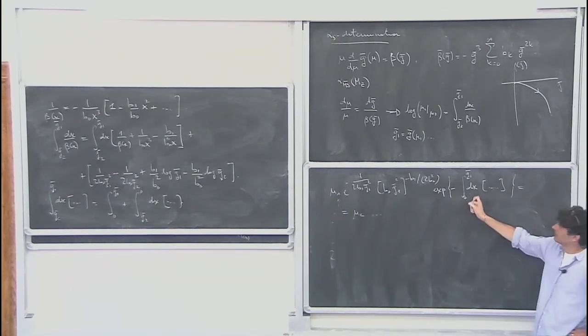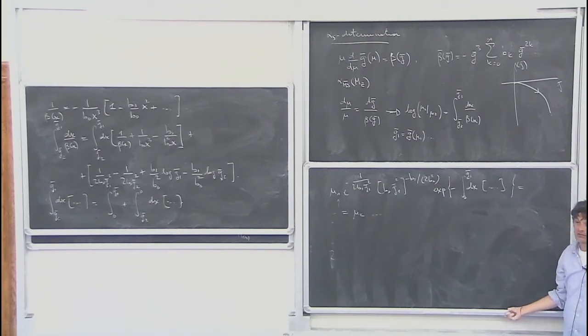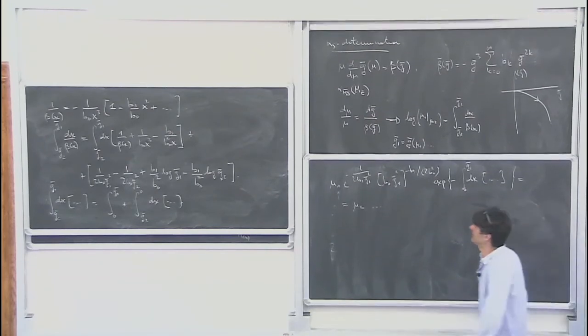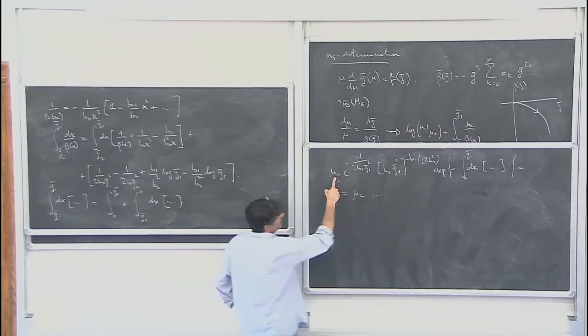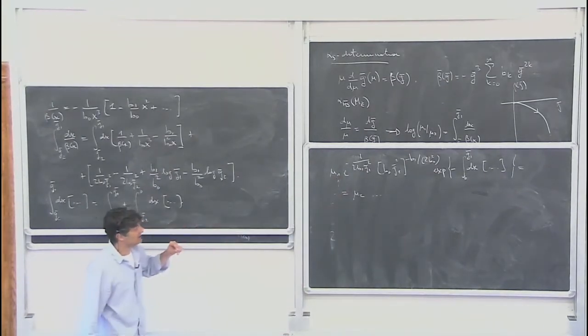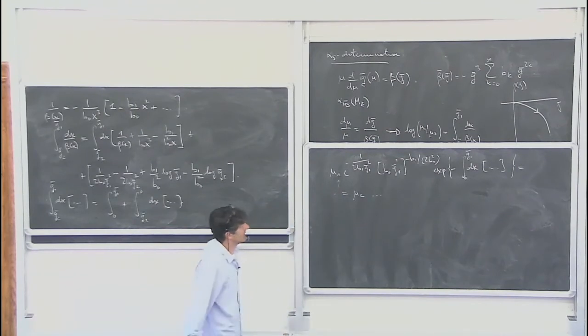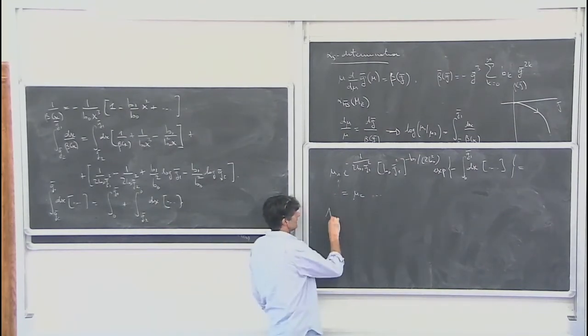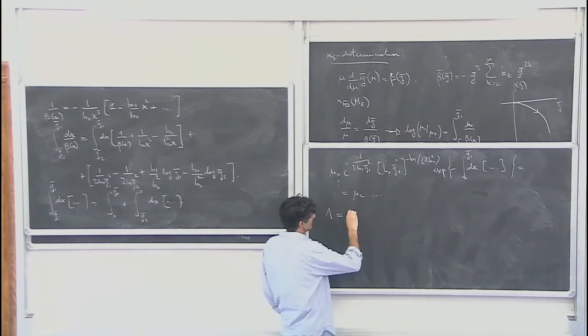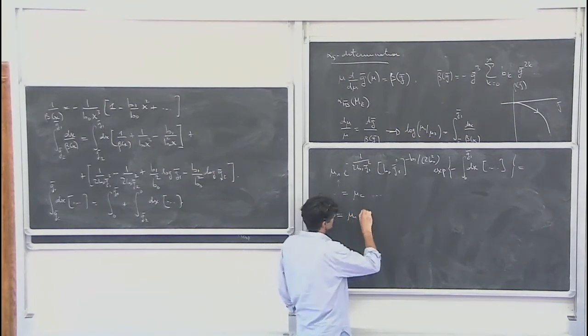So this combination is independent of mu. If you look at dimensions, this has dimensions of mass. So it's an energy scale. It's an energy scale that is called lambda. This is called the Lambda Parameter of QCD.